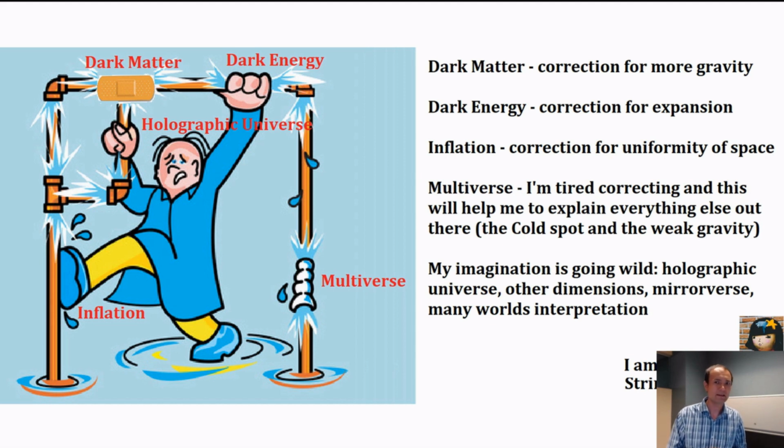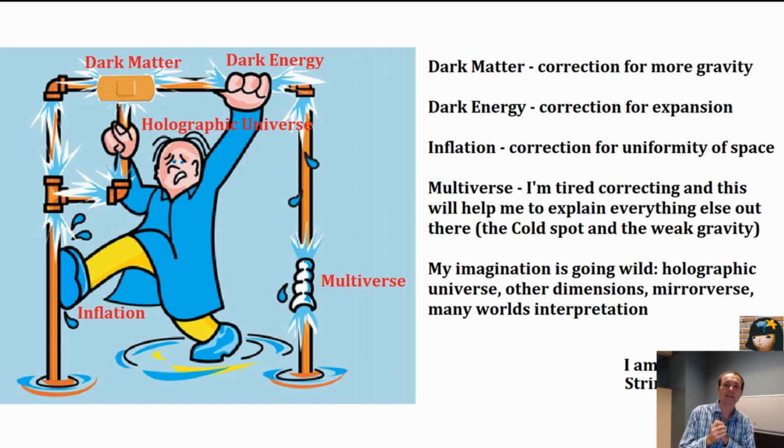So we invented inflation theory, and that says that there was this super quick, faster than light expansion during the first moments of the Big Bang to expand it, and then it started to move in a normal way, not at faster than the speed of light. Just imagination to correct for another weirdness.